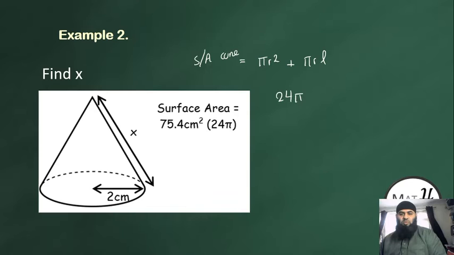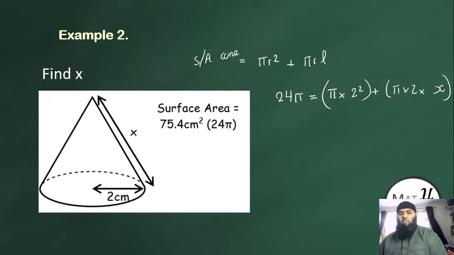The reason why I substituted 24 pi is because I can see that things are going to get cancelled out. Makes things a lot easier. I can set it equal to pi times my radius, 2, squared, brackets, plus pi times 2 times x. This is what we're trying to find out, the x.